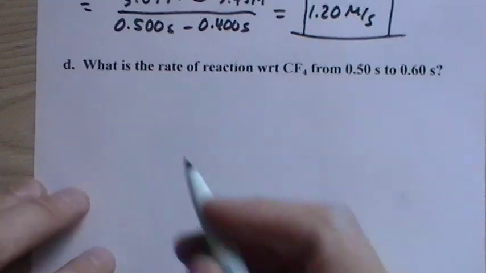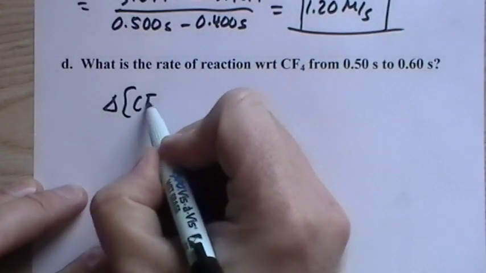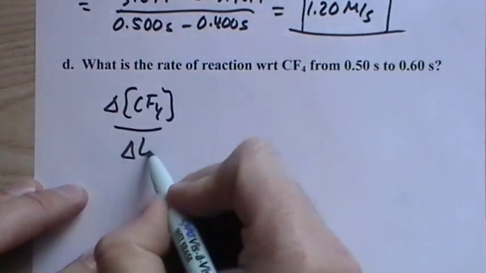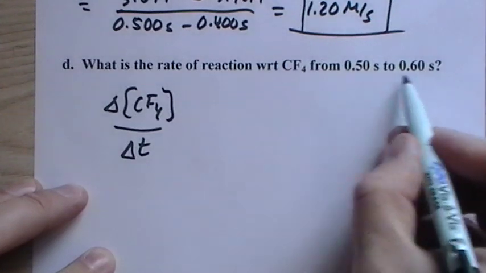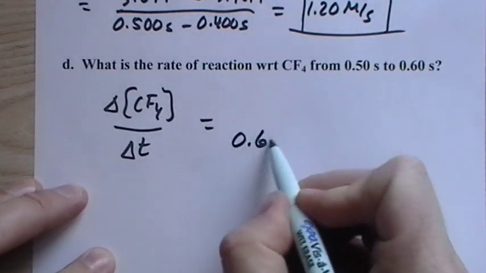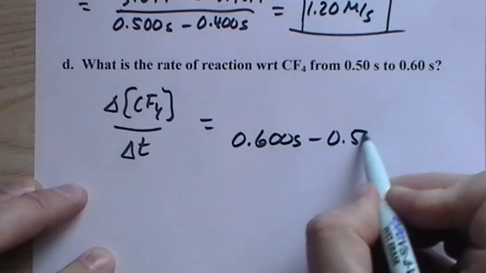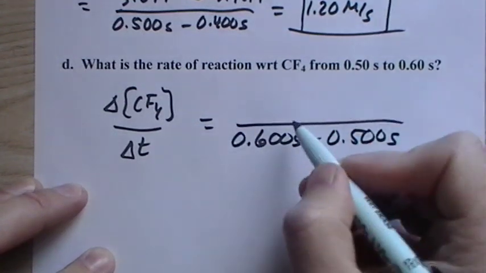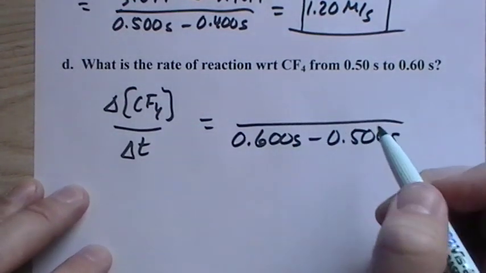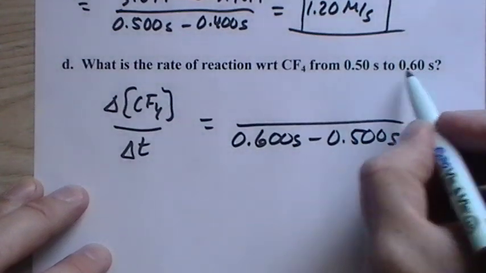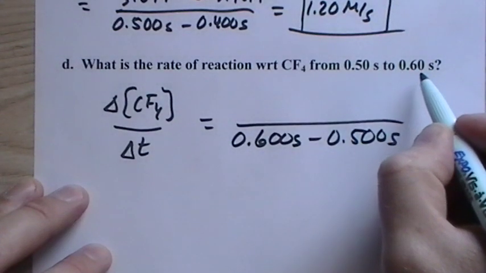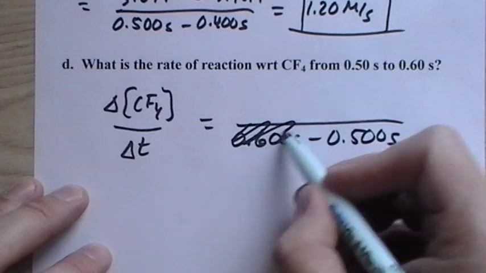Okay, let's do it for CF4 from 0.5 seconds to 0.6. So 0.6 seconds. Now we can go even faster. And on top we have, oh, dang it, I got rid of the 0.6, so let's do something a little different here.